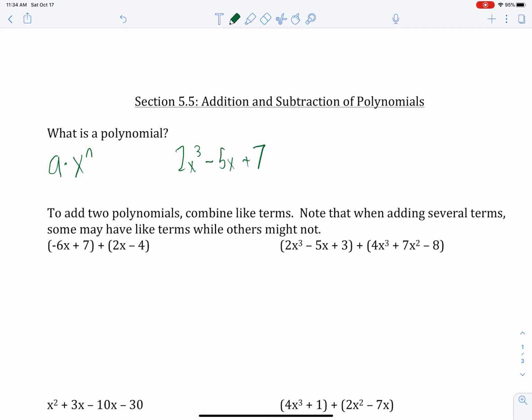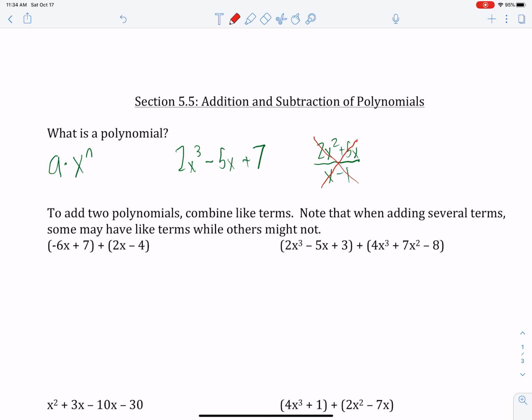Now, if you had something like 2x squared plus 5x divided by x minus 1, that's not a polynomial. That's something we'll study later on called a rational function. But basically, you don't have any variables on the bottoms of fractions.